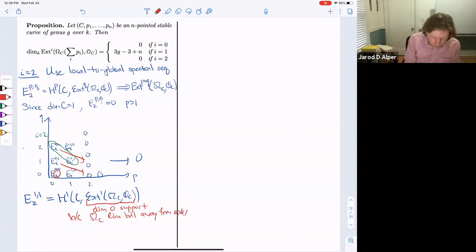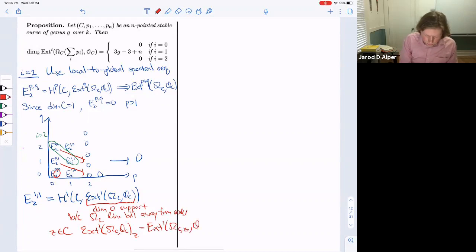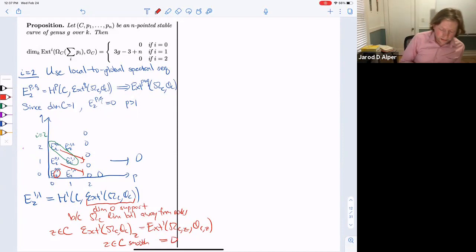And so if I take a point Z in C, this is a sheaf on C, and if I localize the Ext sheaf at Z, it's the same as computing the local Ext groups. And for points Z in C that are smooth, this is a line bundle and this Ext group vanishes. So this Ext1 sheaf is only supported at the nodes. And therefore, if you take H1 of it, you get 0.